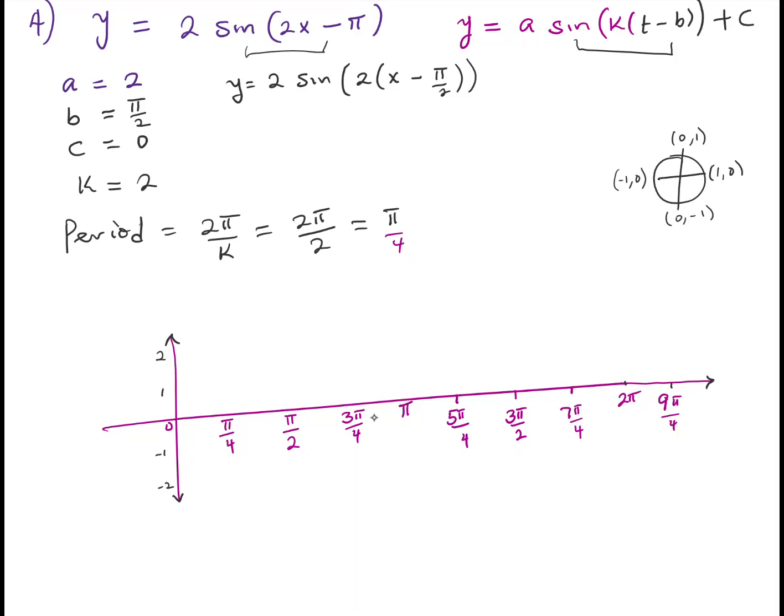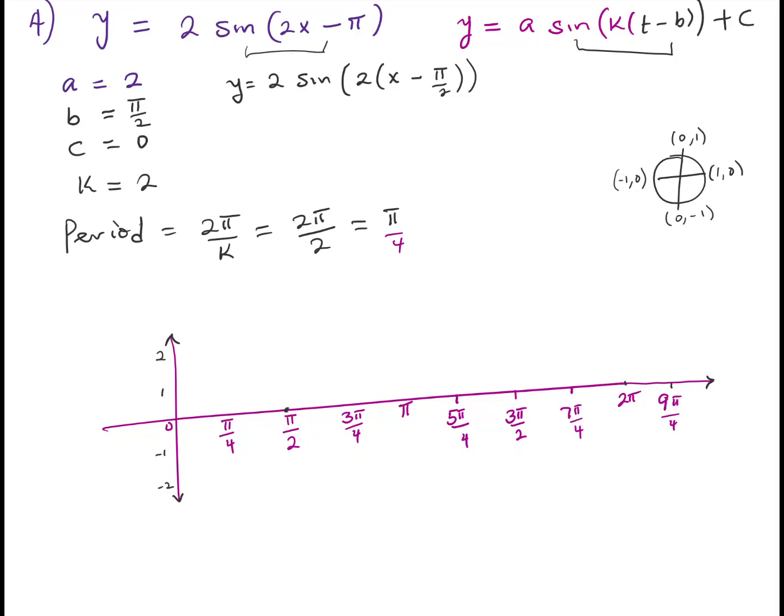So for the first cycle, do not forget that we have a phase shift of pi by 2. And because this is negative, we shift to the right. So meaning that we are going to be starting from this point. All right. So if we are starting from this point, then we have to complete the first one.